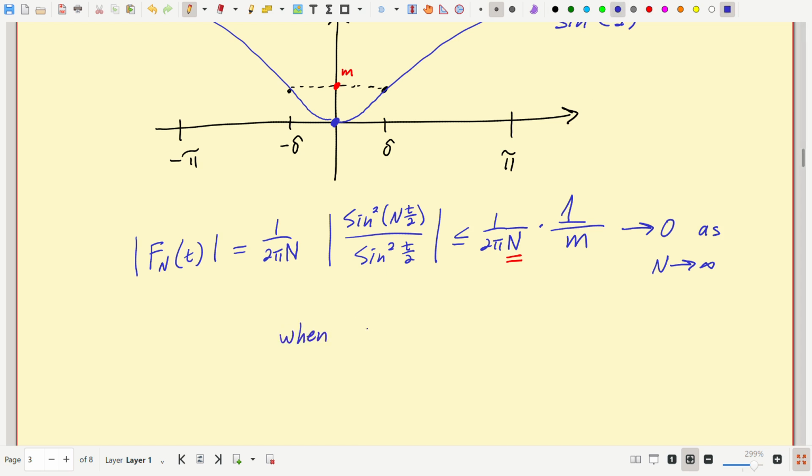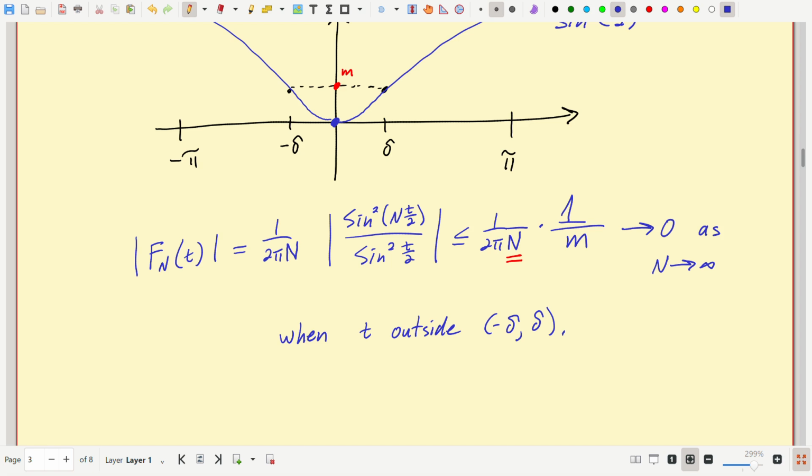When t is outside that little interval, minus delta, delta. Questions about that? Okay, that's going to be useful to us.